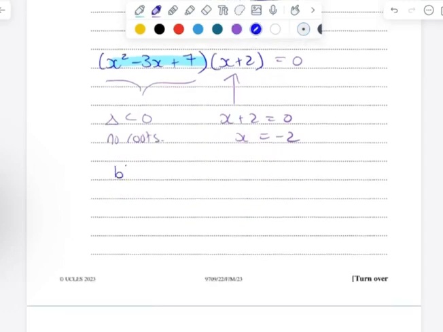So I'm going to say b squared minus 4ac, that's my discriminant. It's 4 times 1 times 7. It's going to give me 9 minus 28. And you can see that that's going to be a negative answer.